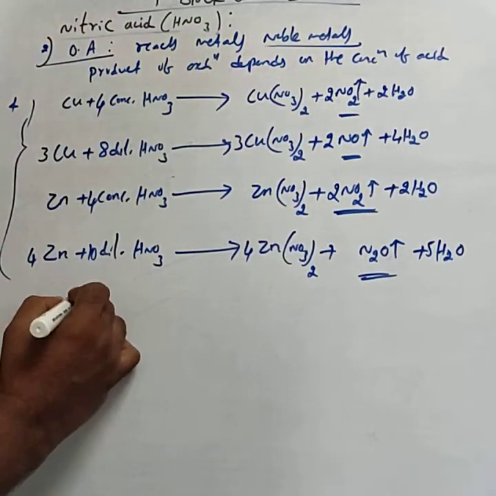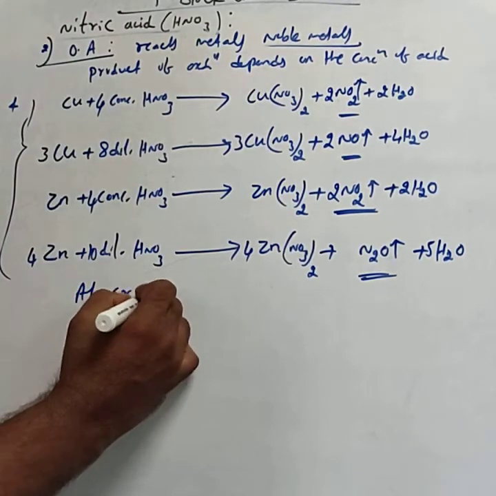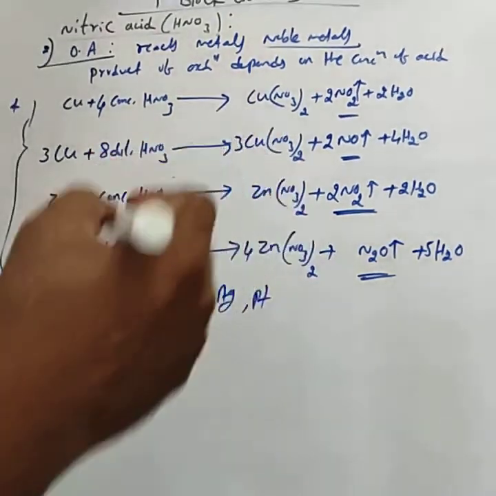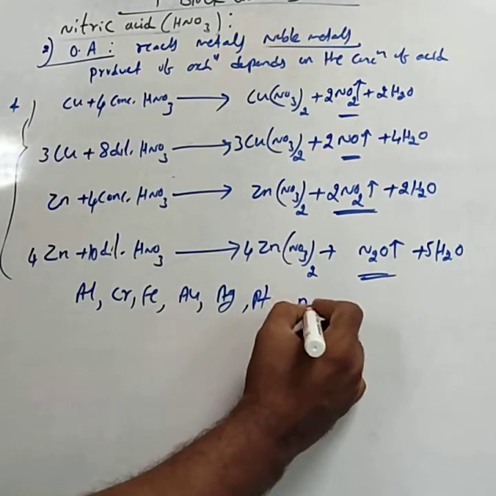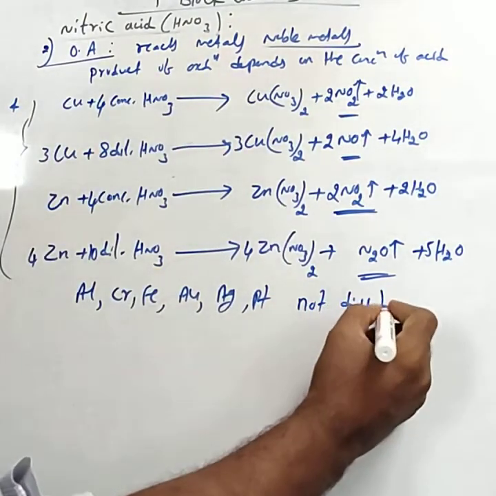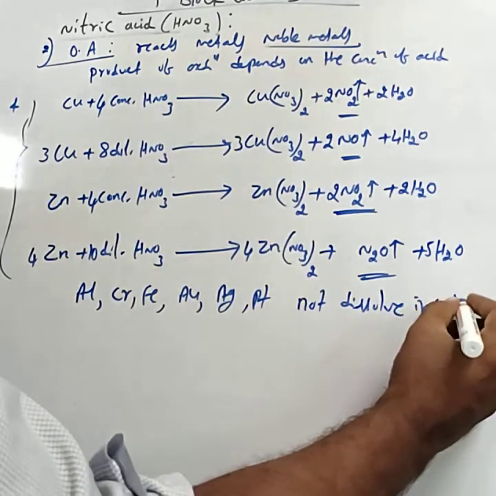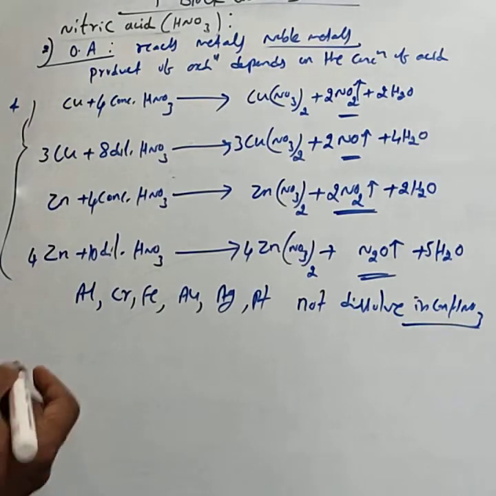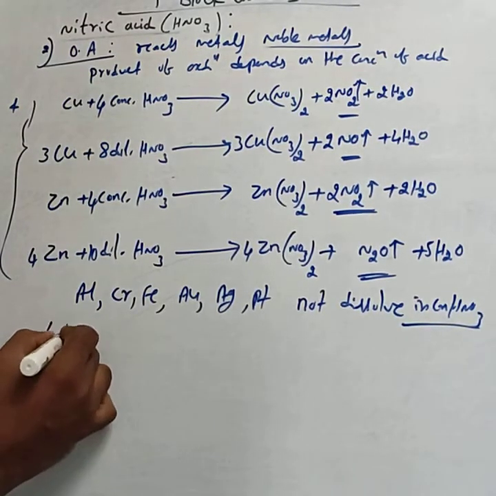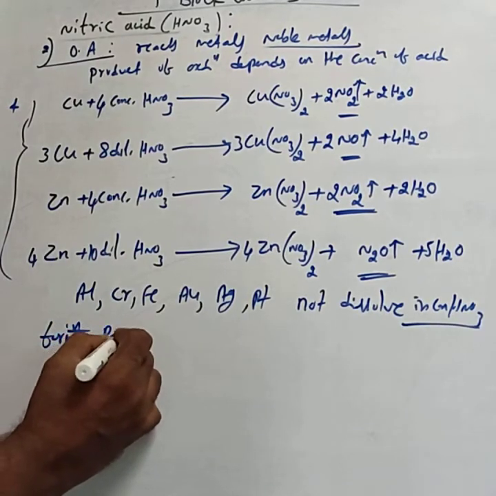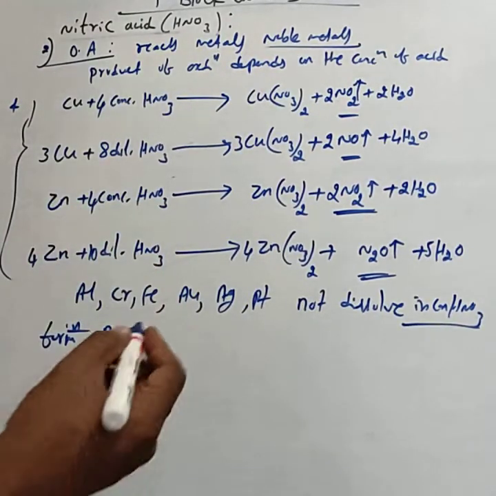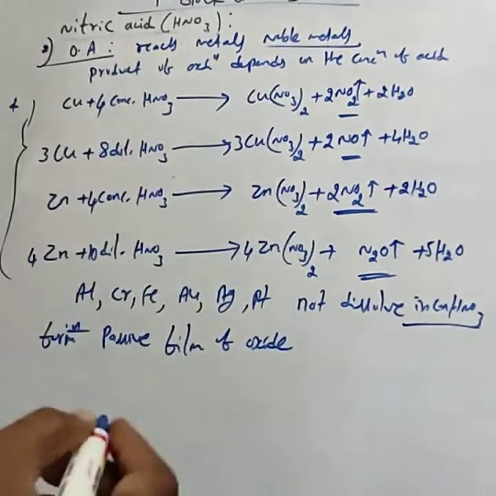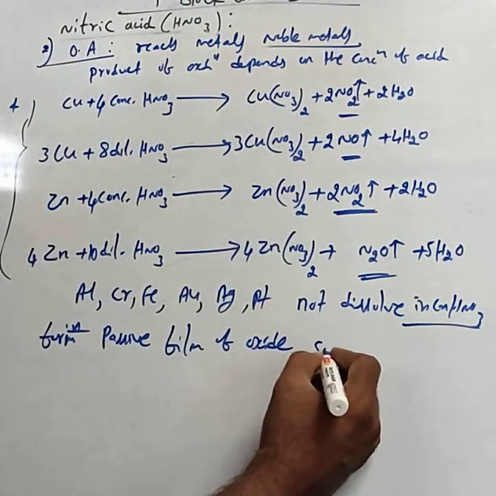Then certain metals like aluminium, chromium, iron, gold, silver or platinum, the noble metals, do not dissolve in concentrated nitric acid because of the formation of a passive, that is inactive, film of the oxide on the surface of the metal.